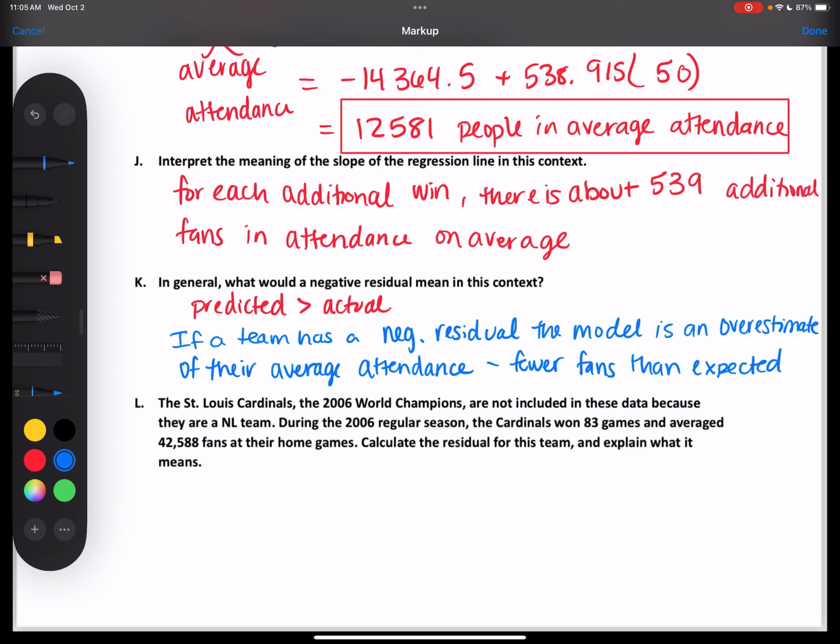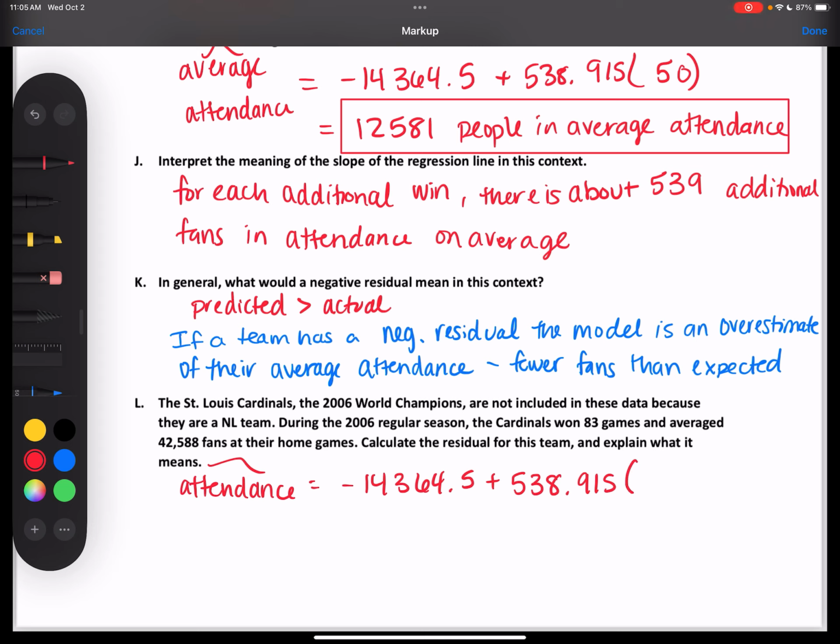So I'm going to just use the equation that they gave me. So attendance hat equals negative 14,364.5 plus 538.915 times the number of games they won, which was 83.